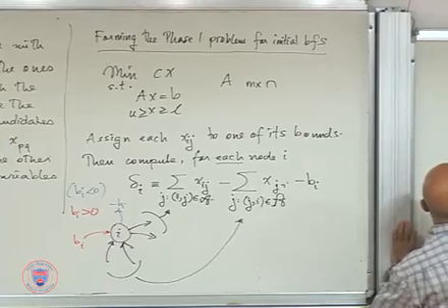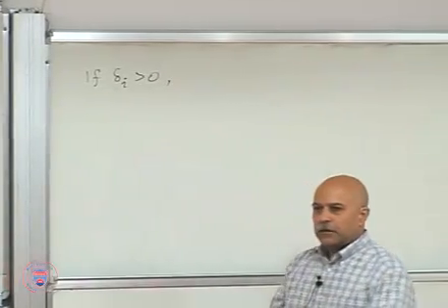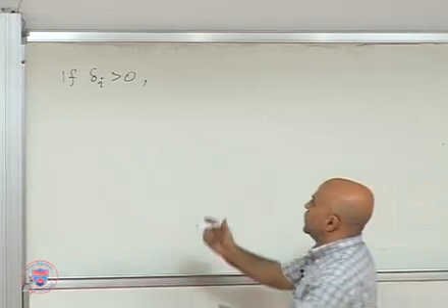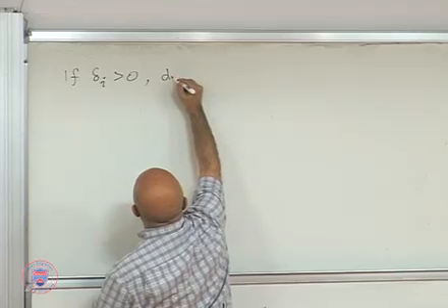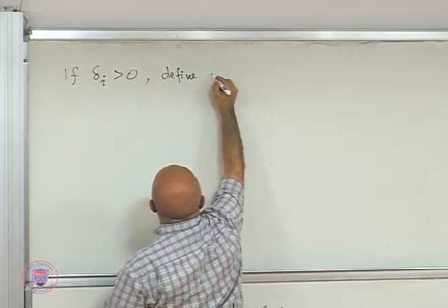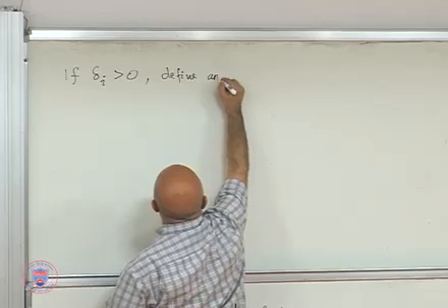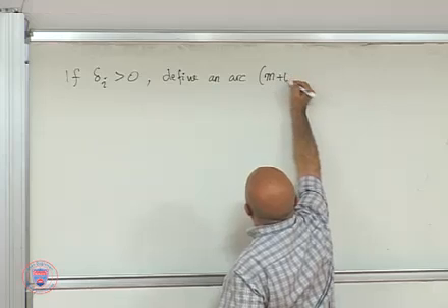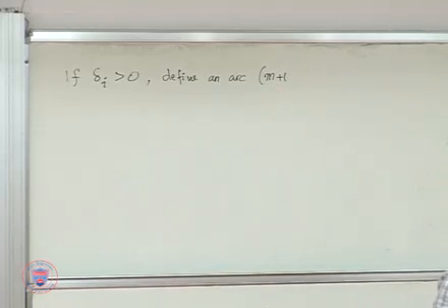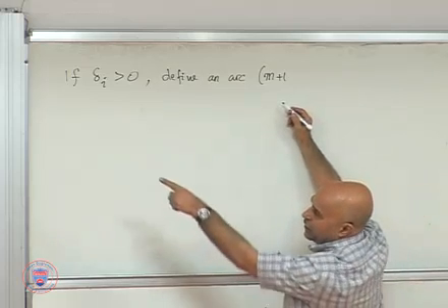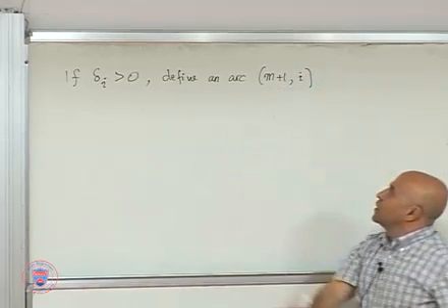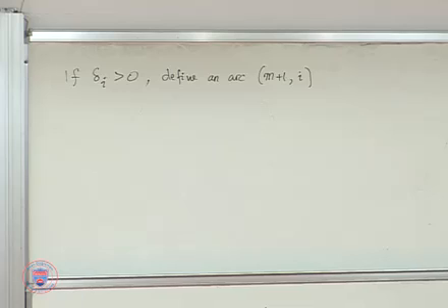Now, if delta i is positive, you have a positive number of units coming out of i, in which case define an arc from m plus 1. M plus 1 is a new node, a dummy node that you insert into the problem. The old problem has m nodes. So you insert an arc from the dummy node into node i.